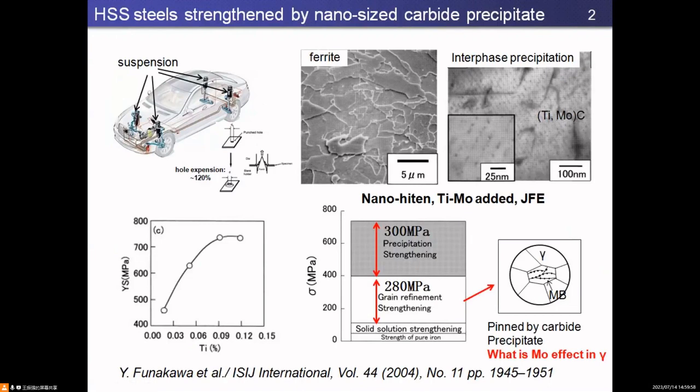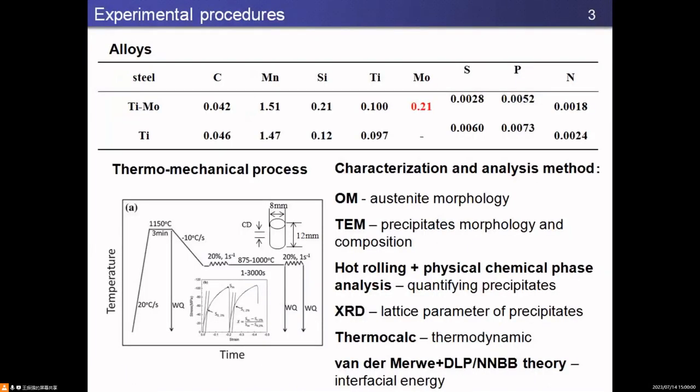So we designed and melted two alloys. One is titanium moly steel, and the other is titanium steel, to study the effect of the addition of 0.2% moly on carbide precipitation.